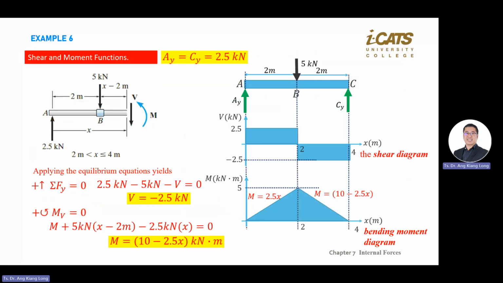So you substitute the value of x here. When x equal 2, your moment is 5. And because y equal to mx plus c, your m is negative, so it's going downhill. Then write the equation there: M equal to bracket 10 minus 2.5x. Then highlight the area between the x-axis and the line.